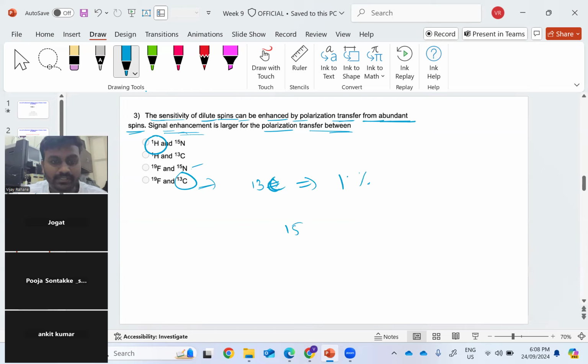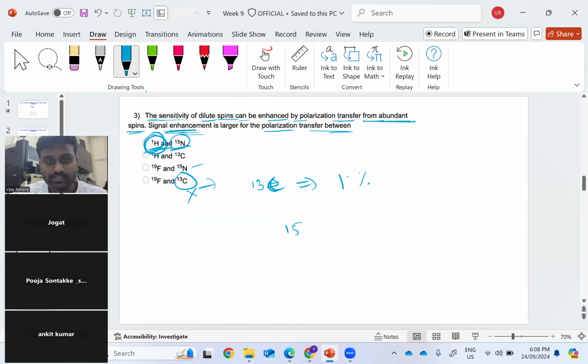1H is quite abundant in nature, and for this polarization transfer the signal enhancement is higher for this 1H as well as the nitrogen 15 nuclei.